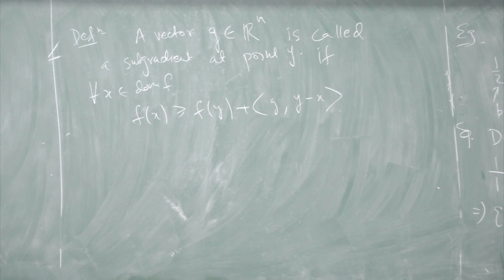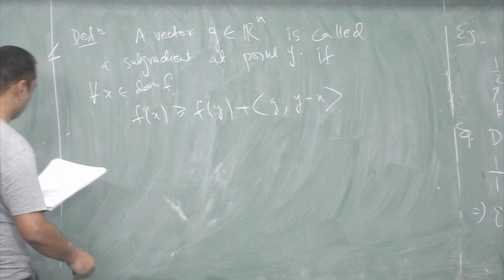So g is defined to be a subgradient when this holds, and the collection of all those g is called the subdifferential.